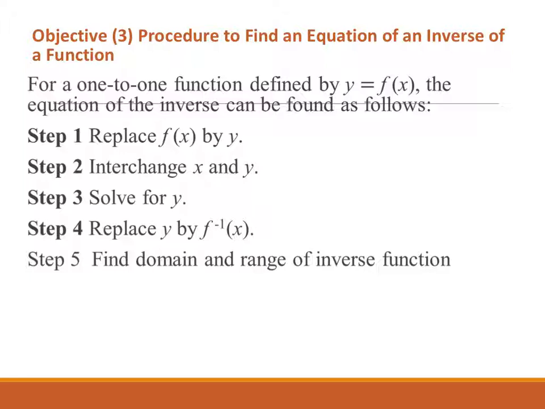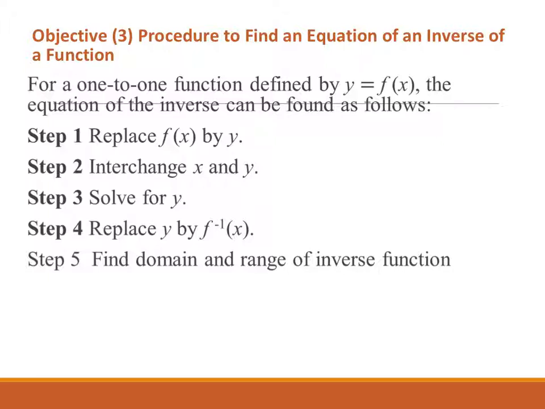Objective 3 is the procedure to find an equation of an inverse of a function. For a one-to-one function defined by y is equal to f of x, the equation of the inverse can be found as follows. Step 1 is replace f of x by y. Step 2 is interchange x and y. Step 3 is to solve for y.